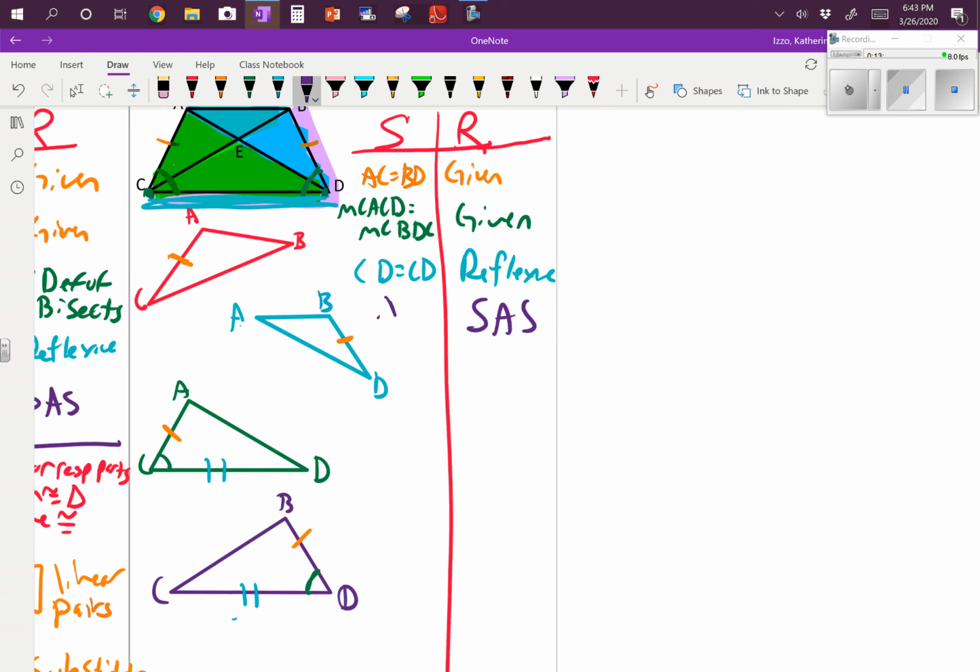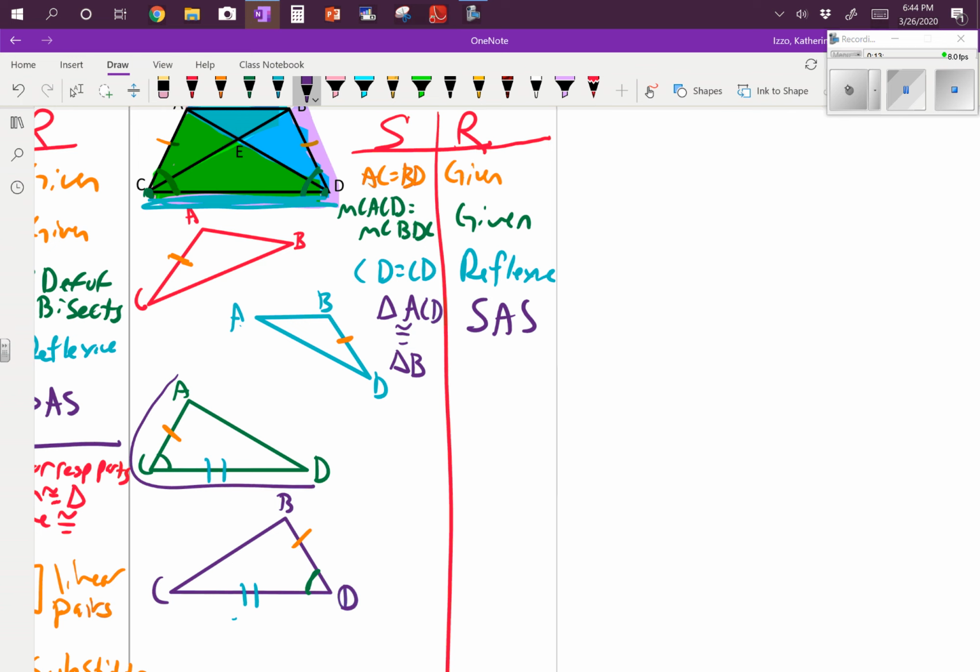So triangle ACD is congruent to the purple triangle, and the purple triangle is triangle A matches with B, but be careful. On the green triangle I did ACD.